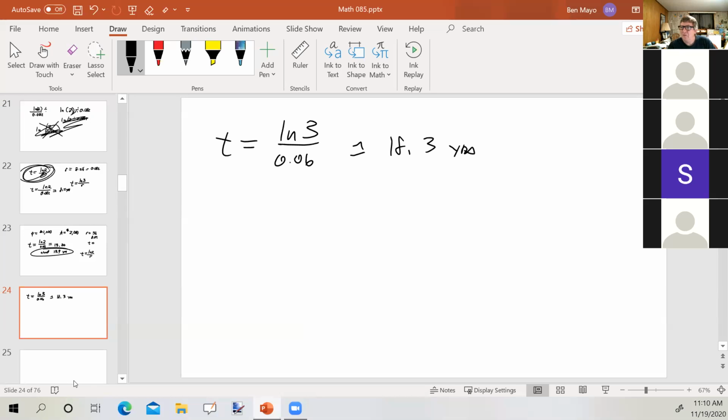That's all I need to do. I don't need to take it through A equals P e to the RT. I can do all of that, and I'd be happy to if you want me to, but if you're doubling or tripling something, again, tripling is natural log of 3, doubling is natural log of 2. Okay? Any questions on that?